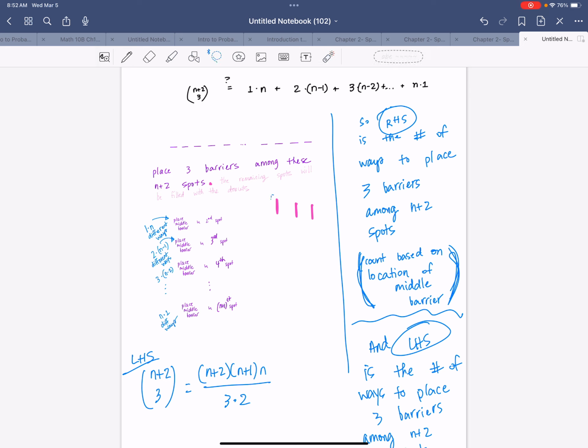Once I place the first one, I now have n plus 1 different options for where to place the second one. Once I place the second one, I now have n options remaining for where to place the third. So this numerator represents a permutation.